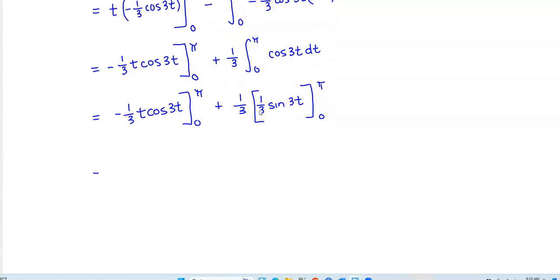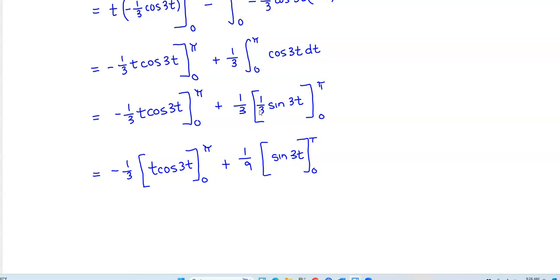Okay, so now let's factor out our constant. So we're going to have negative 1/3, and then we're going to evaluate t times the cosine of 3t going from 0 to pi. If we factor out the 1/3 here, 1/3 times 1/3 is 1/9. And then we're going to evaluate the sine of 3t going from 0 to pi.